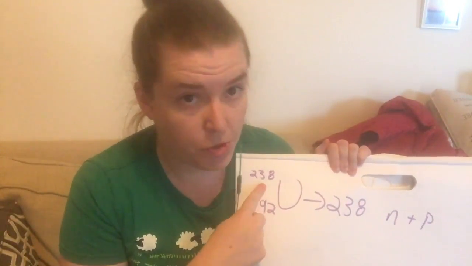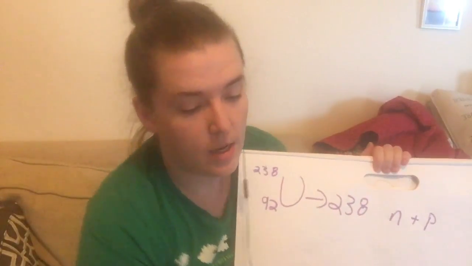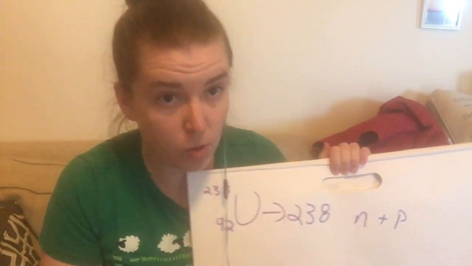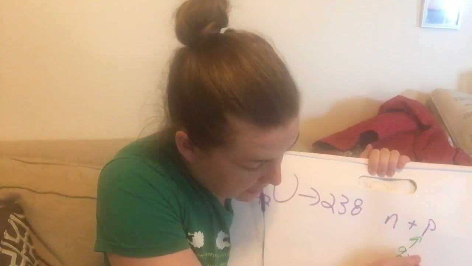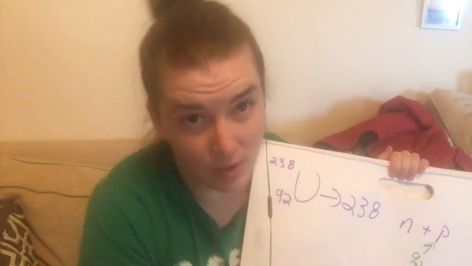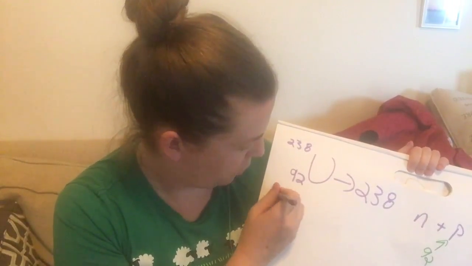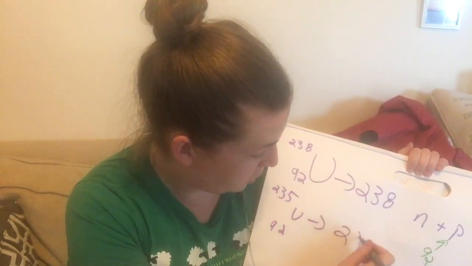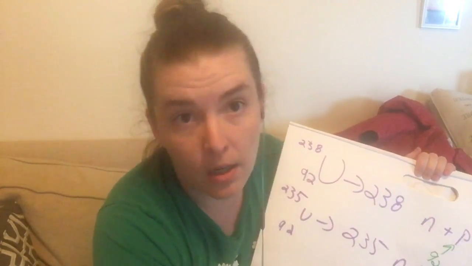So uranium-238 has 238 neutrons plus protons. Because it is uranium, the number of protons doesn't change. So this is always 92, right? So if we had uranium-235, that's 92, uranium-235, that means 235 neutrons plus protons, right?